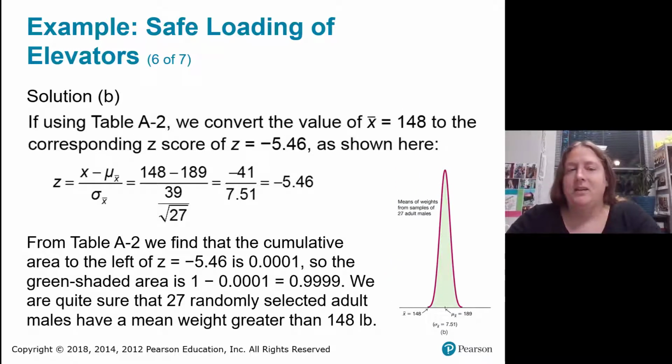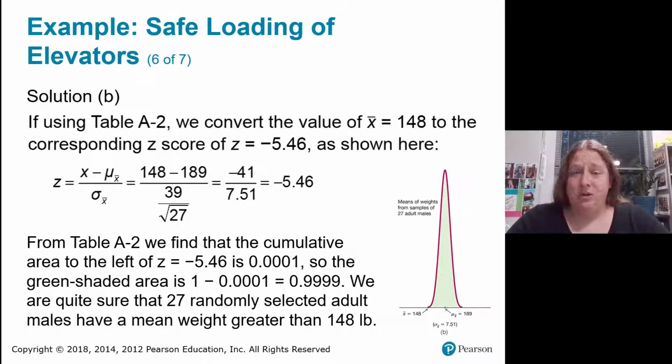When we do that, we're going to use our conversion for sample means. So we'll have 148 minus the population mean of 189, divided by the standard deviation of the sample means, which is 39 divided by the square root of 27. When we do that, we have a z-score of negative 5.46.